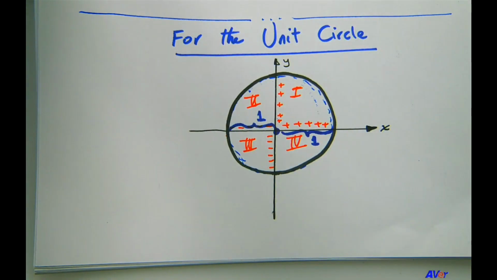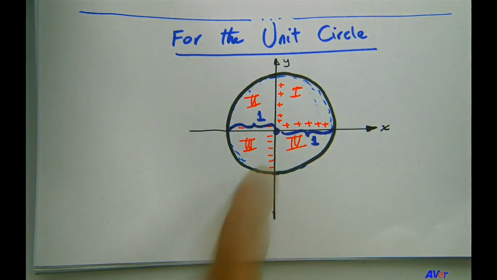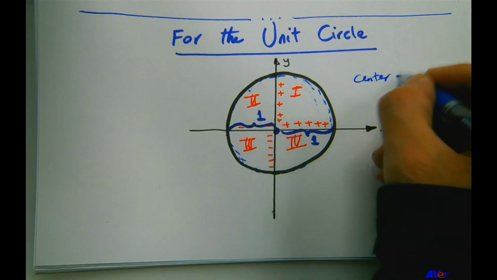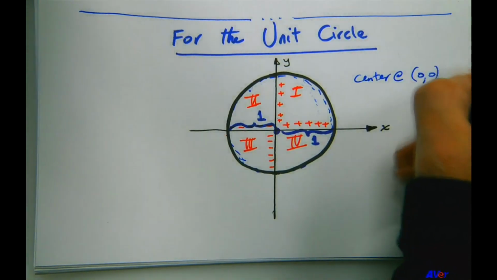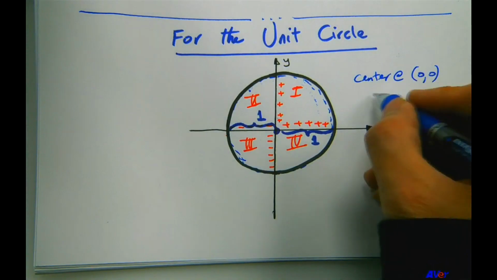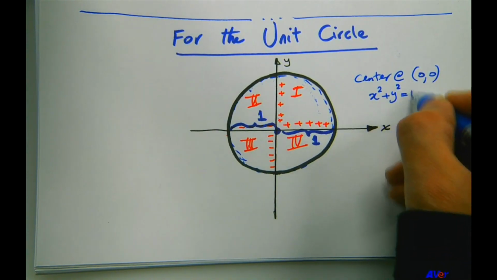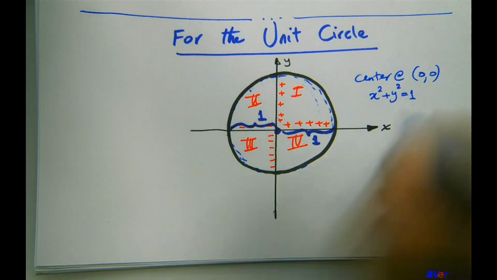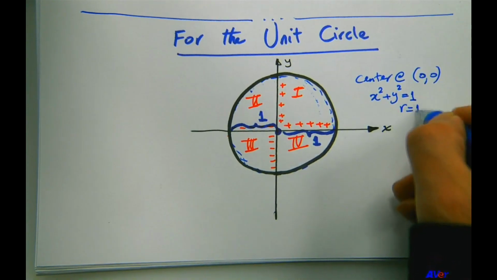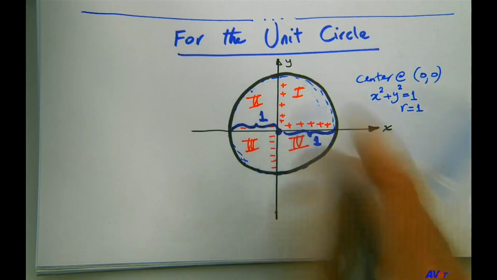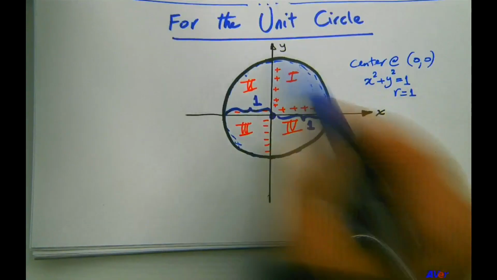One other thing that we should mention: we know that this unit circle has its center at 0, 0, the origin. We know that it has the formula x squared plus y squared equals 1. We know that the radius is equal to 1. What else do we know about it? Well, the other thing is the circumference, the perimeter of this.